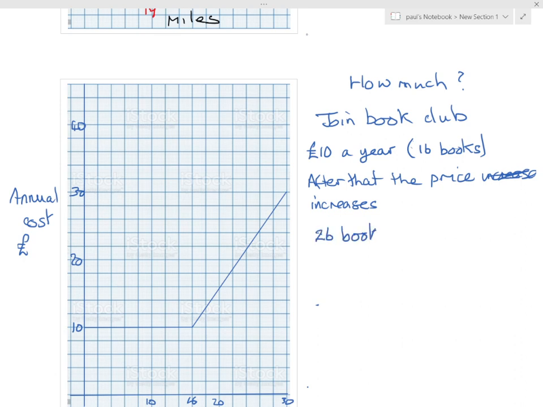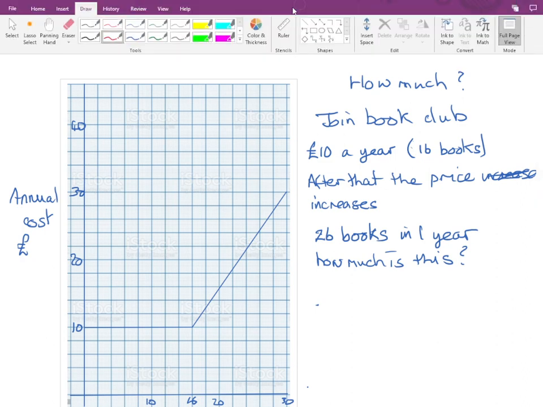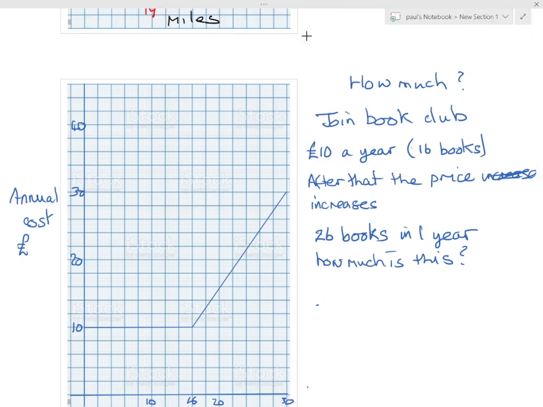Yeah, so how much is that going to be, 26 books in 1 year? How much is this? Right, so we need to come again to our graph and go from 26 books, 22, 24, 26, and simply do exactly the same as we've done before.